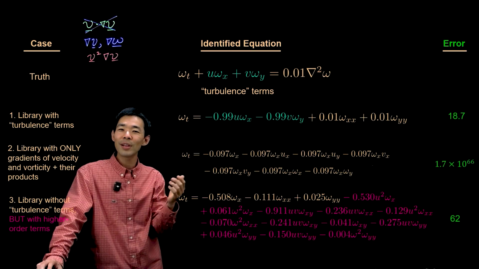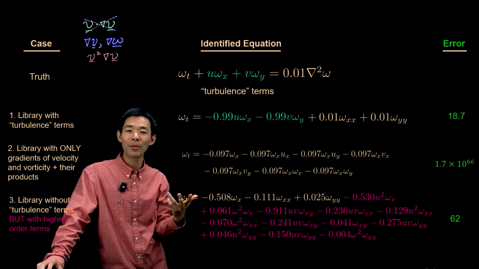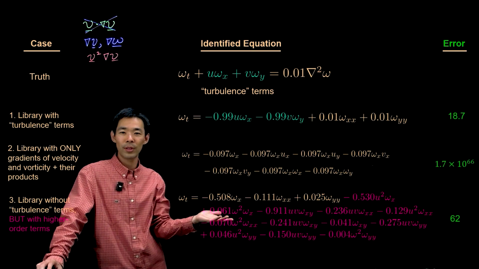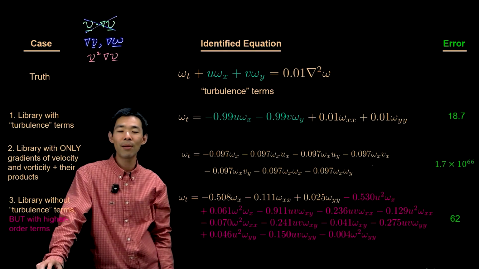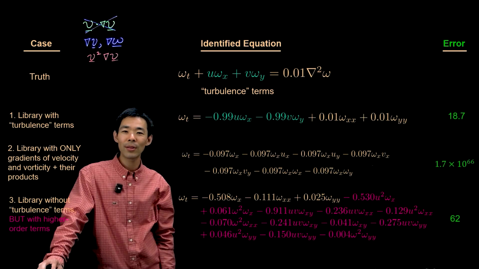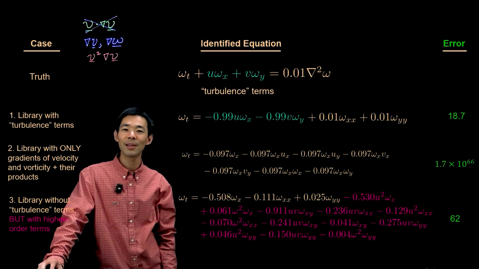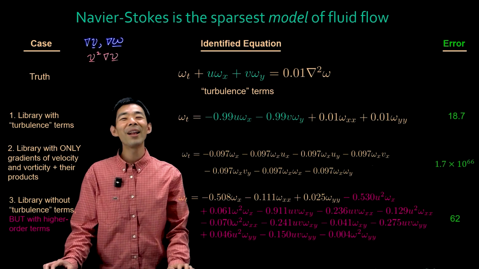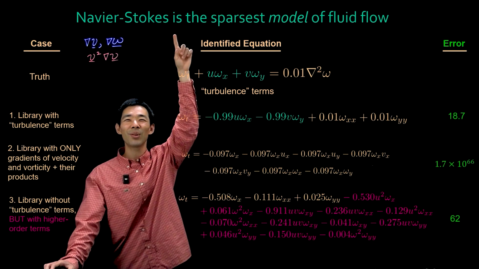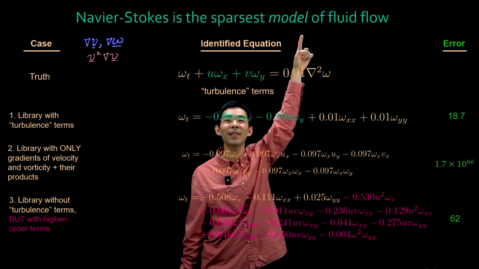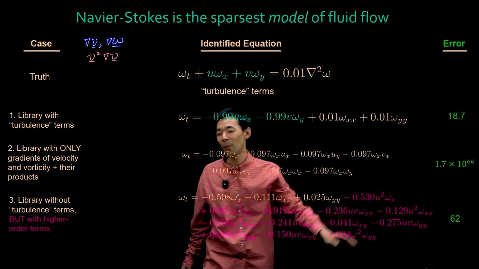It turns out that you can have other models that describe fluid flows in rivers and lakes and along mountains, but it just so happens that the Navier-Stokes equations is the sparsest possible model. What I found is that the Navier-Stokes equations is the sparsest model of fluid flow.